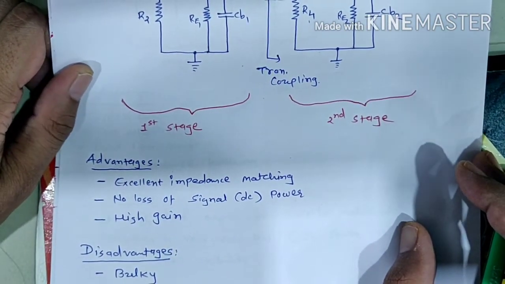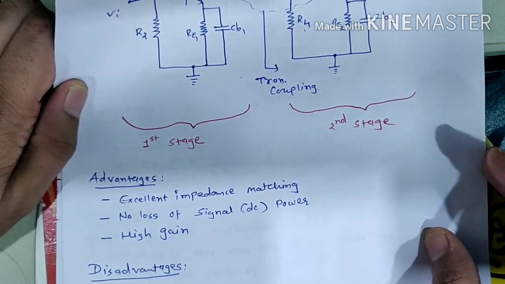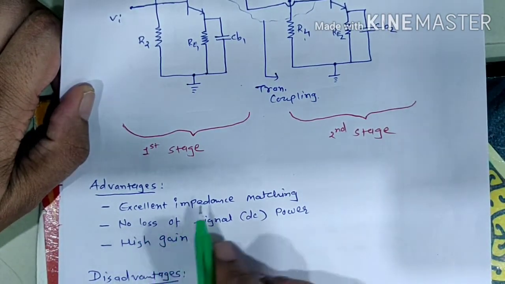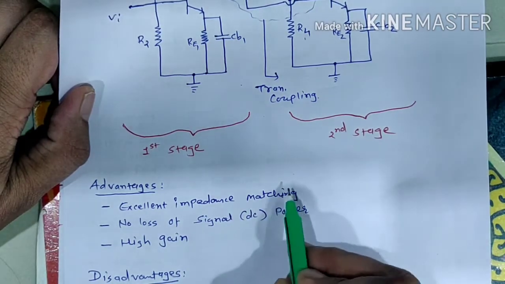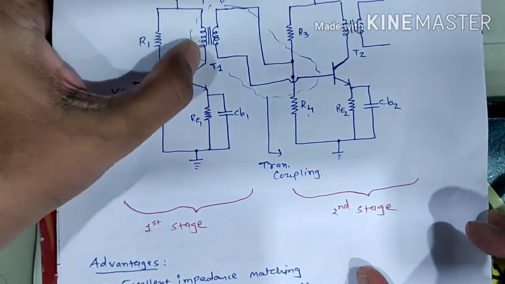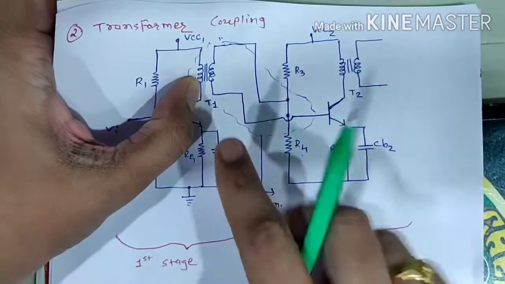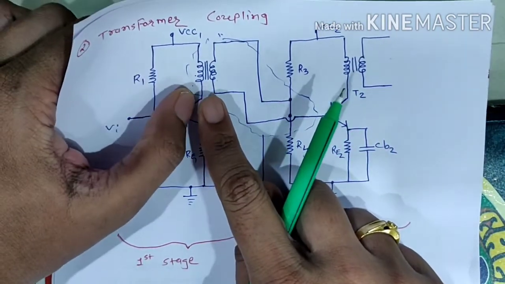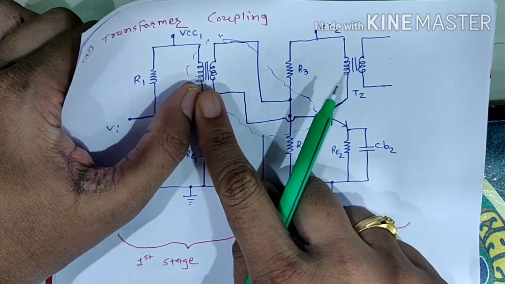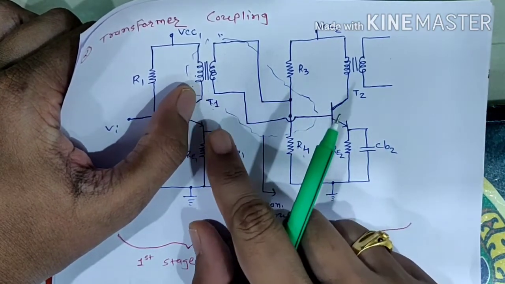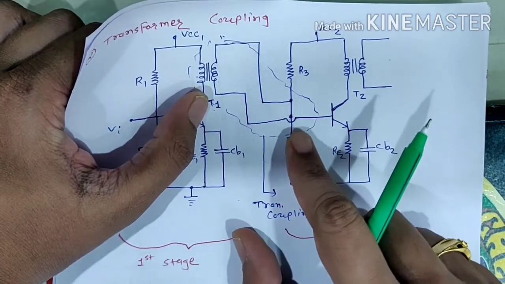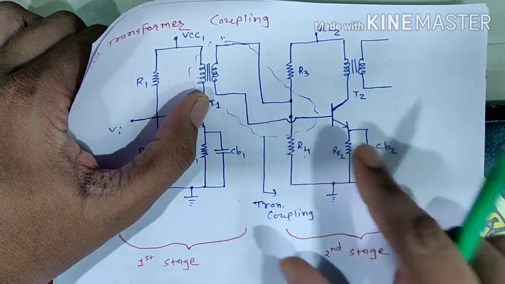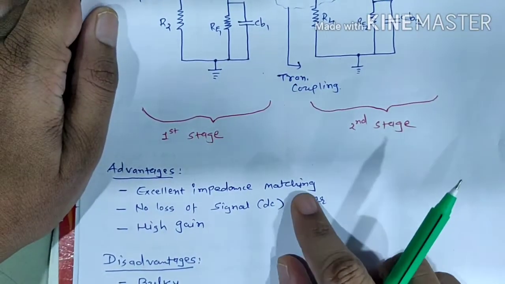First of all, it is mostly used for excellent impedance matching. When we connect a transformer as a coupling device, it will completely match the output impedance of the first stage with the input impedance of the second stage. So it is a great impedance matching.